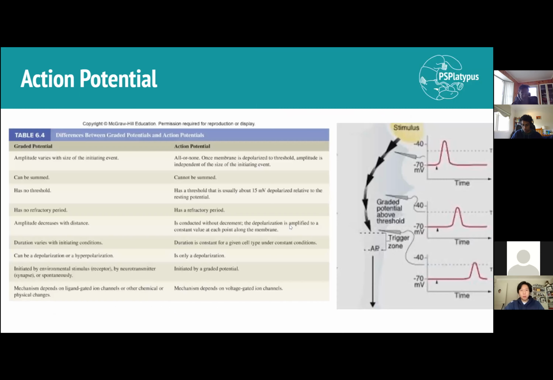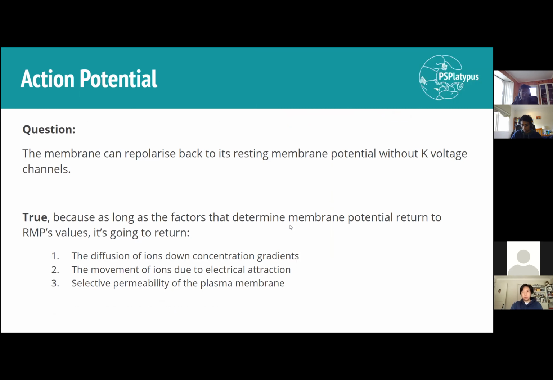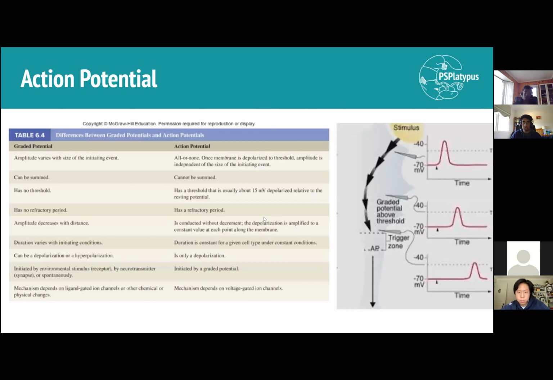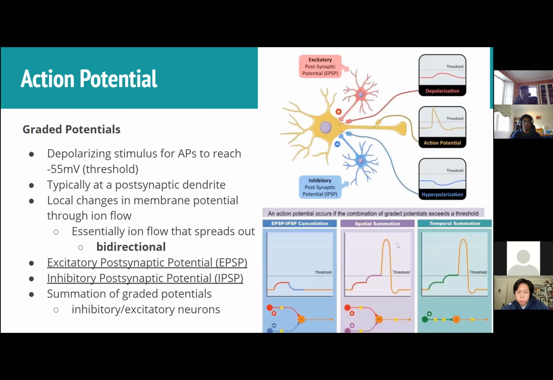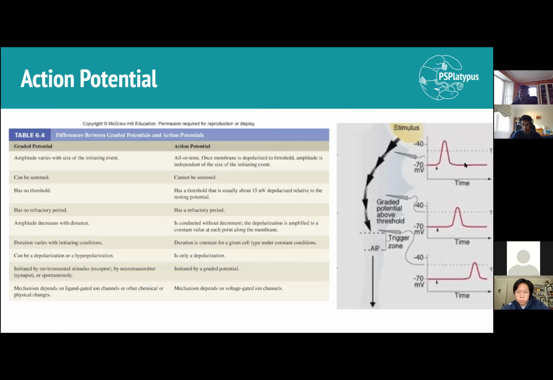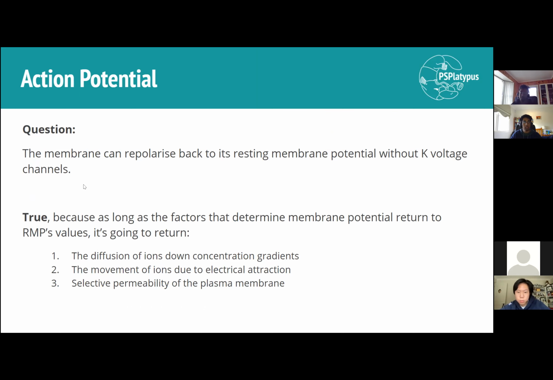But yeah. Okay, so this question sort of tests your understanding of what membrane potential is completely. And I think this is a really good question. So the membrane can repolarize back to the resting membrane potential without potassium voltage channels. True or false? We're talking about coming down from this peak point, like the peak of the action potential, back down.